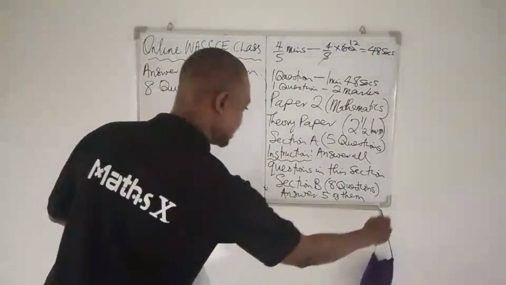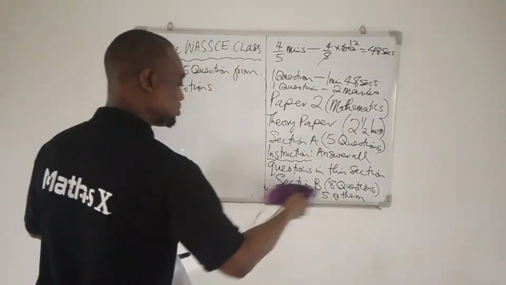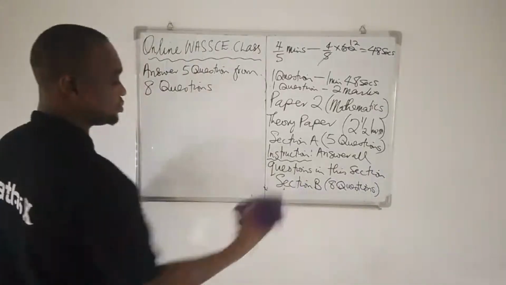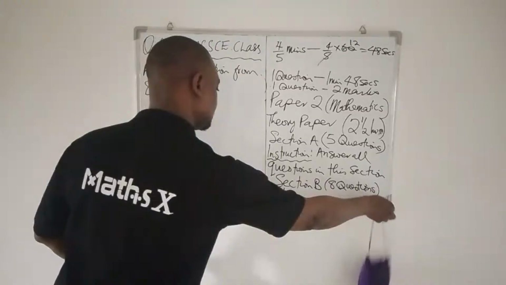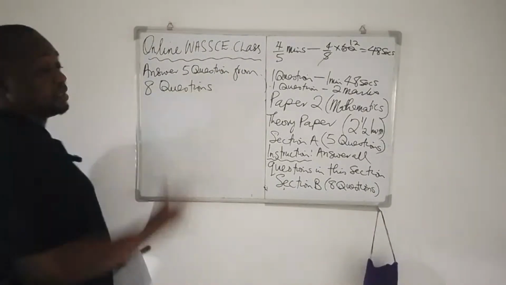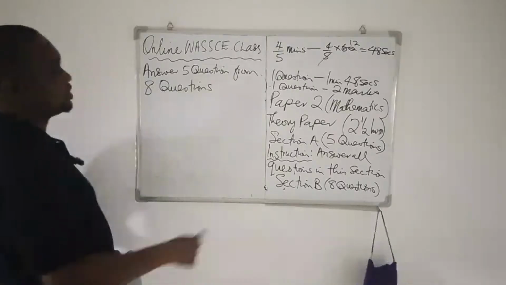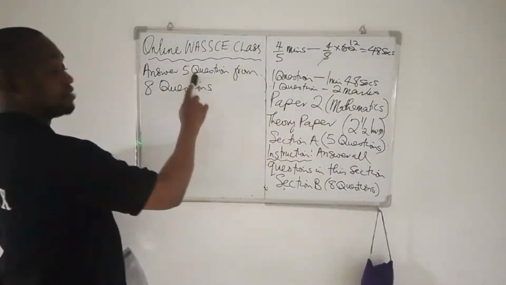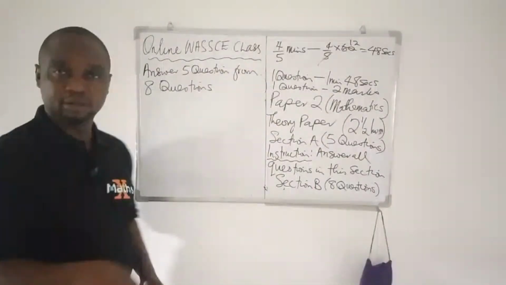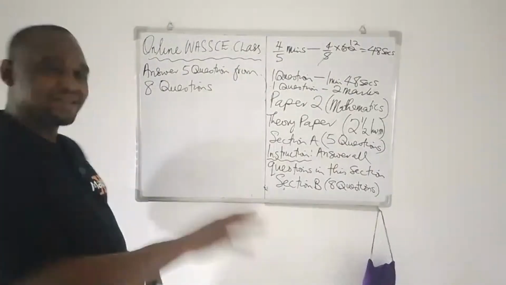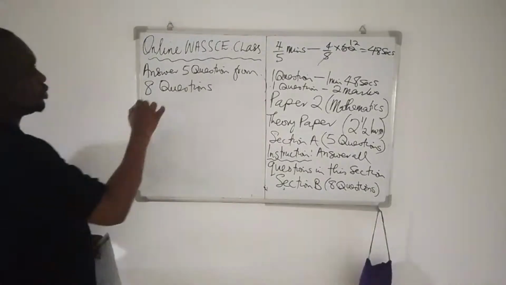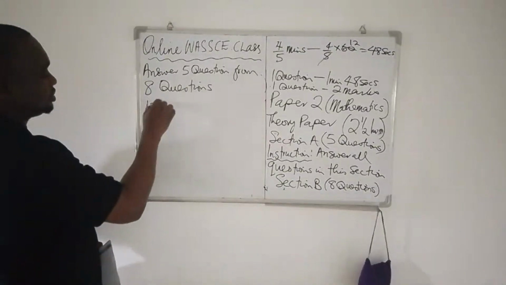It's basically a repeat of what I wrote here. So you have to answer 5 questions from the 8. If you check this, this means 5 questions plus 5 questions. So altogether, in a typical theory paper, you are to answer 10 questions in all.